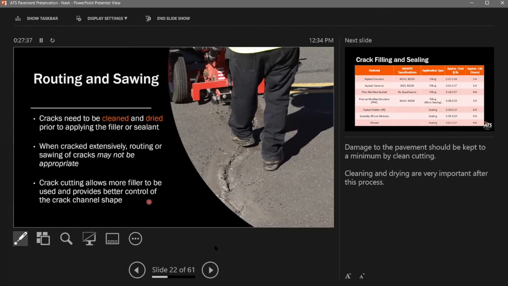You can route the crack out, make sure you have some clean sides, make sure that the asphalt has something to grab onto. Cutting the crack allows more filler to be used within the actual bond in the asphalt, and allows better control of the channel size. So you don't have to worry about, do I put a little bit here and then I gotta pour more, a little bit and then more. It gets a uniform size of the channel in the cracking in order to be able to get a very clean fill as you're putting the material in.